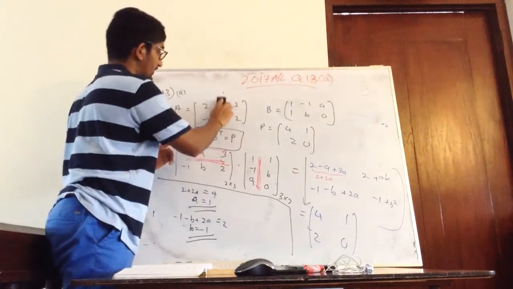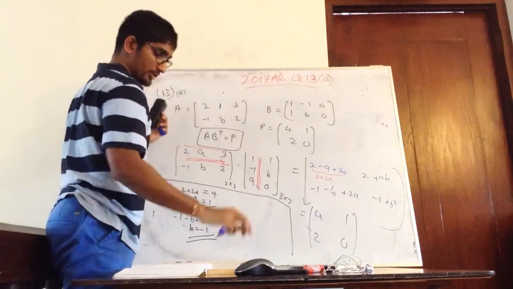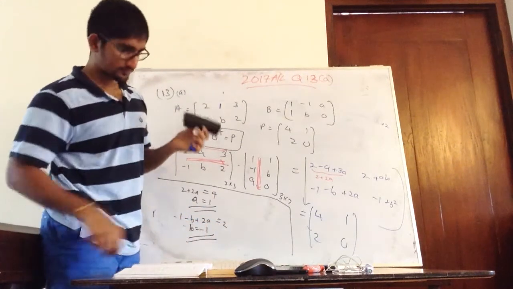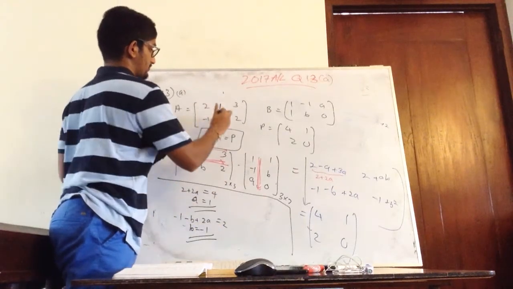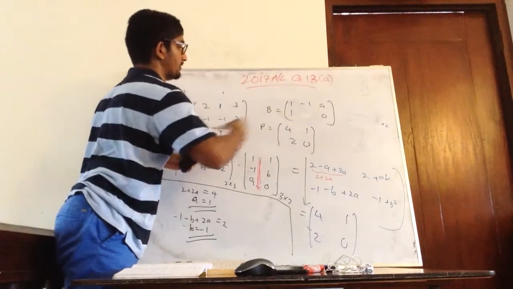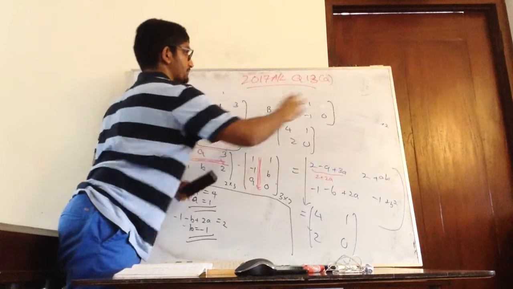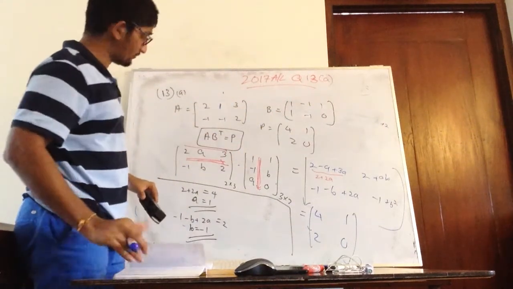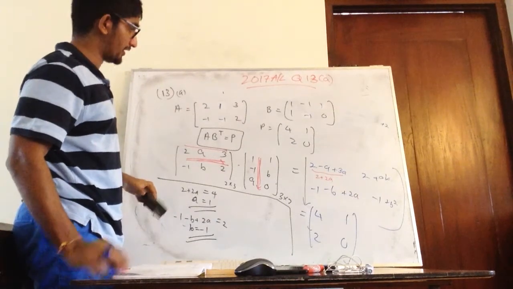So I'm going to put A is going to be 1, B is going to be minus 1, then B is going to be minus 1, A is going to be 1. So that's basically what we want.